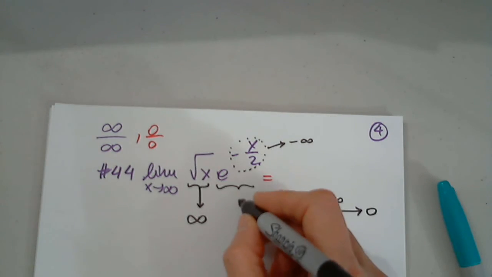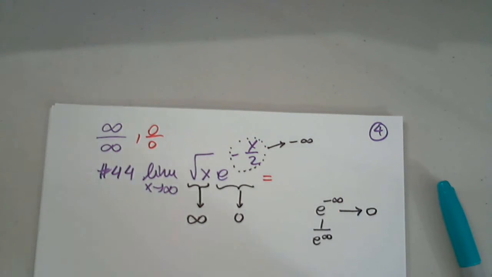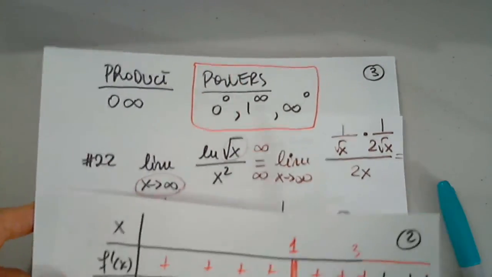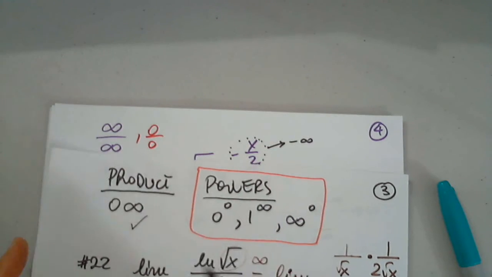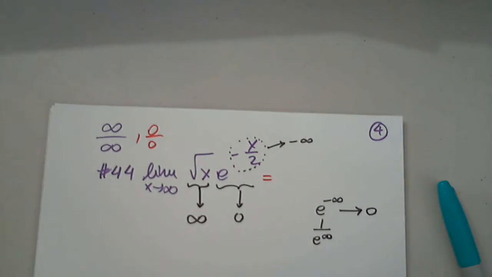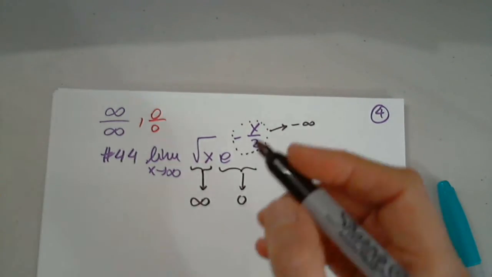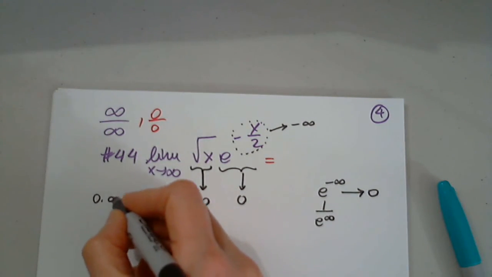That's it. So that's the problem. So this is the product. 0 times infinity or infinity times 0 is the same thing. Doesn't matter. Good. So then this is the product of 0 times infinity.